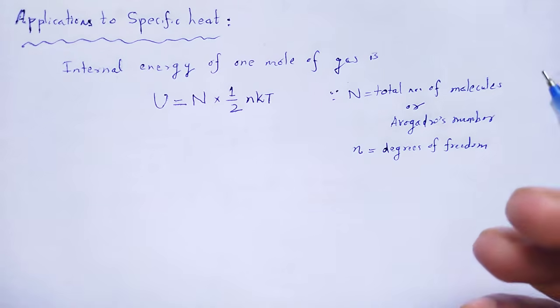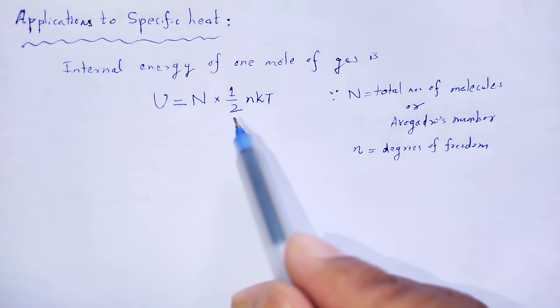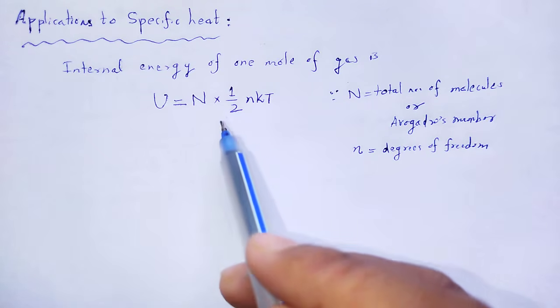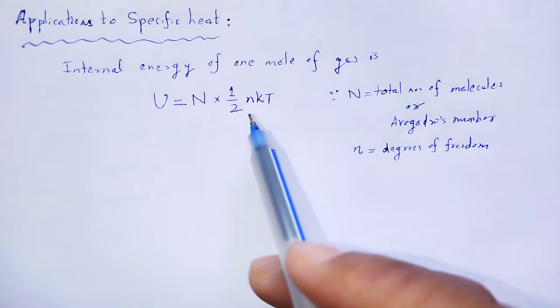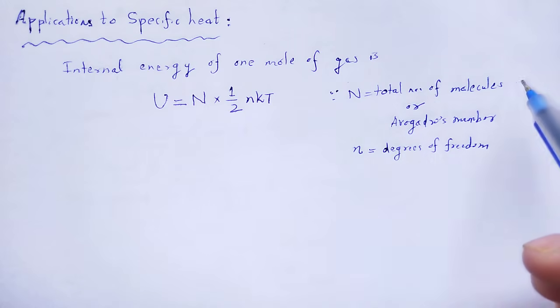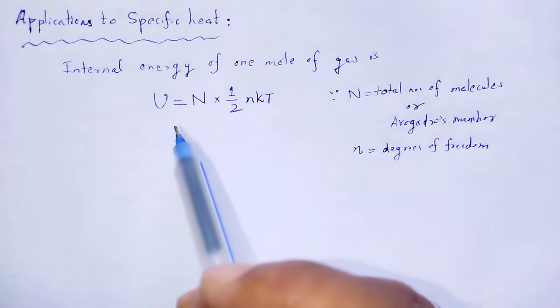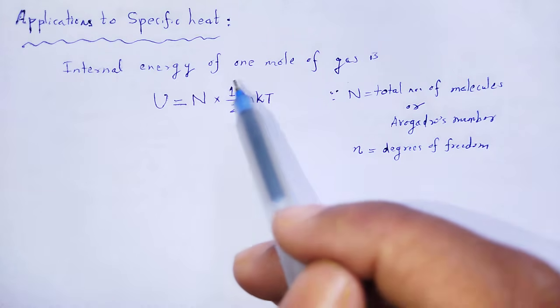From the law of equipartition of energy, for 1 degree of freedom, the average kinetic energy is half kT. For n degrees of freedom, it will be half n kT. Since it consists of capital N number of molecules, the total internal energy will be capital N into that term.